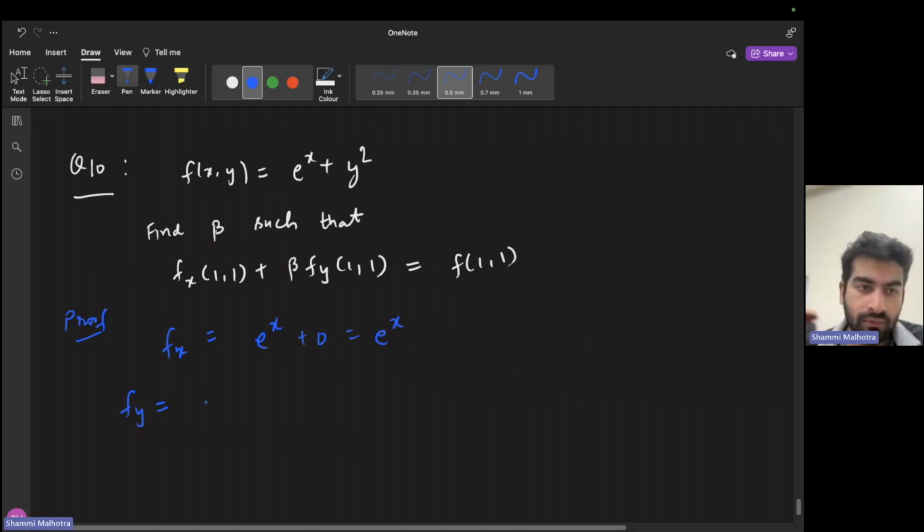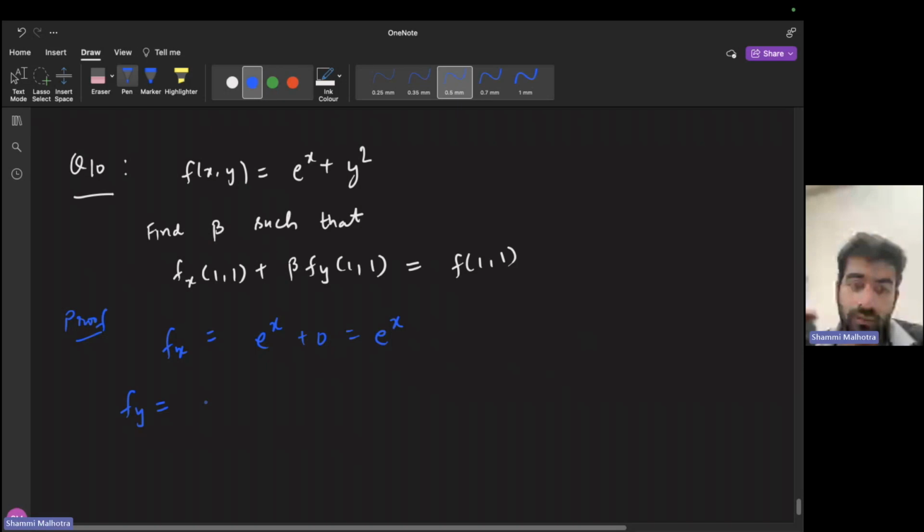But I need to calculate the partial derivative with respect to x at the point (1, 1). This will be e raised to the power of 1, which is just e. And the partial derivative with respect to y at the point (1, 1) will be just 2.